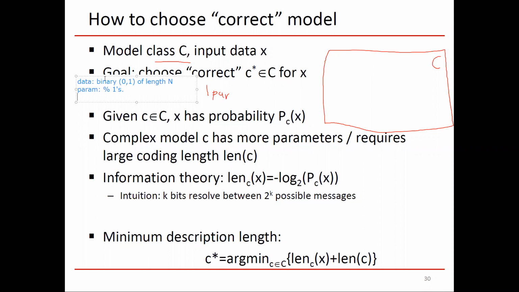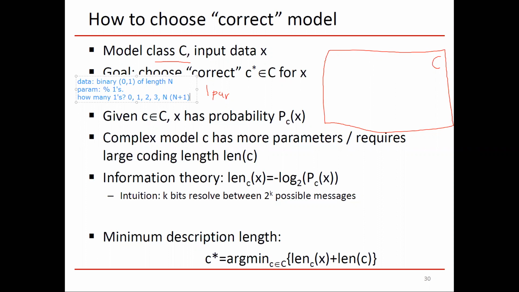Now, how many ones could there be in the data? There could be 0, there could be a single one, 2 ones, 3 ones, up to n ones. So we have n plus 1 possible numbers of ones.